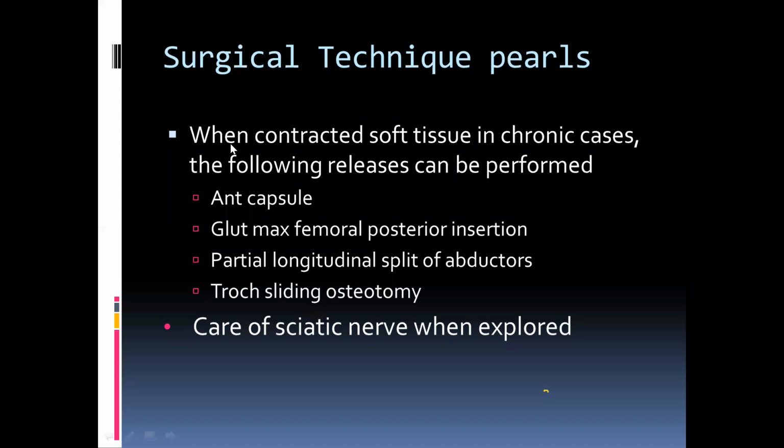And then the posterior insertion of the gluteus maximus can be released. A partial longitudinal split of the abductors can be released also with a longitudinal splitting. And if it is still very stiff, you can do a trochanteric sliding osteotomy. In all of these, you have to take care about the sciatic nerve, especially when the anatomy is distorted. We have to explore it.